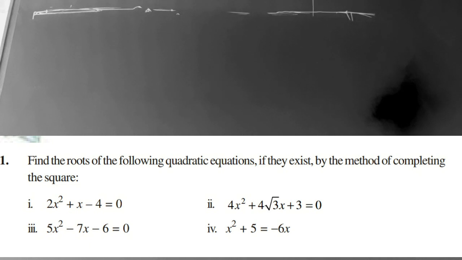First question. Find the roots of the following quadratic equation if they exist. So here is a question: 2x square plus x minus 4 is equal to 0.